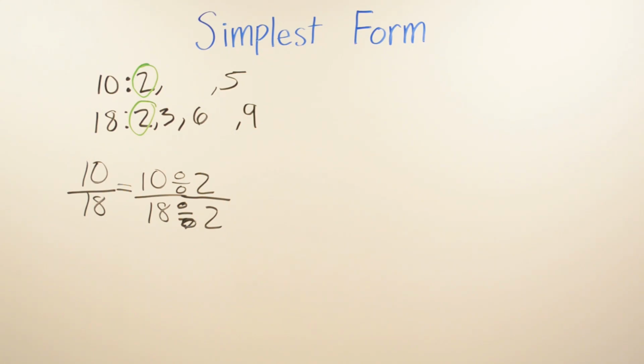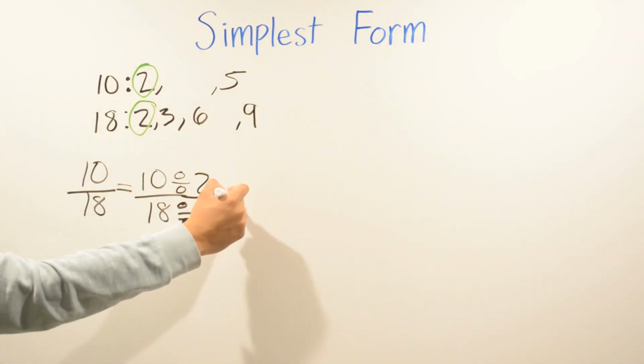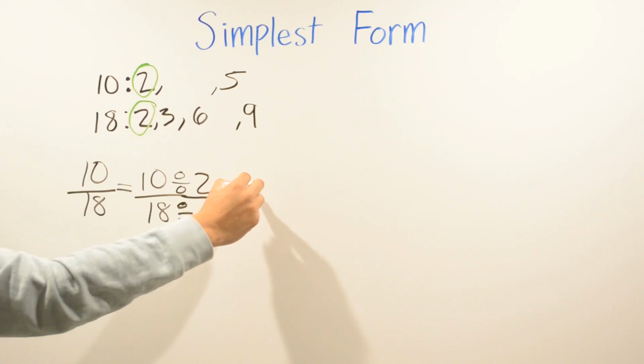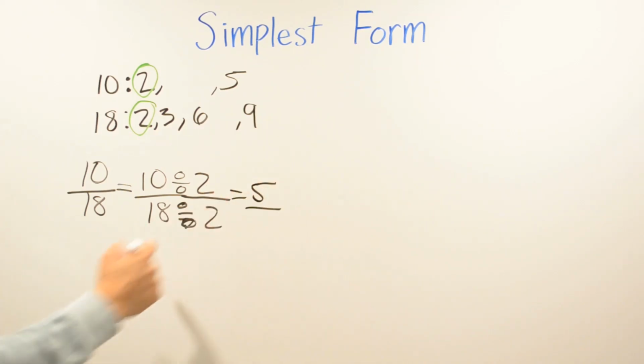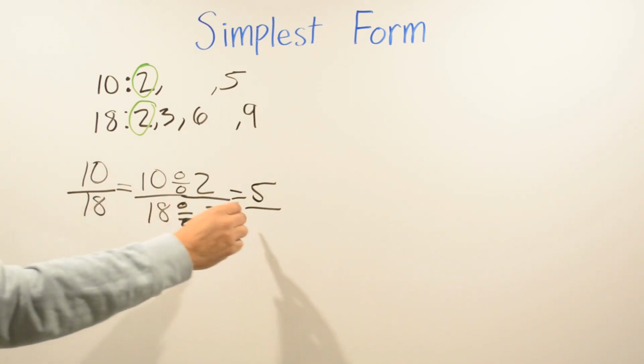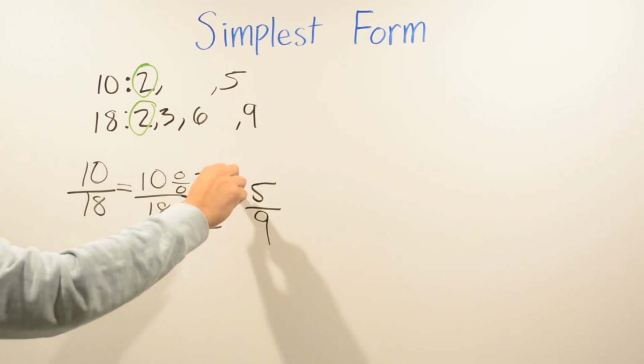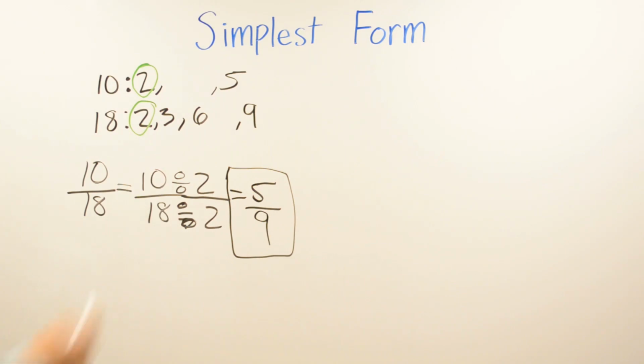Okay, so 2 goes into 10 5 times, and 2 goes into 18 9 times. So you cannot simplify more than that, so that will be your final simplest form of 10 over 18.